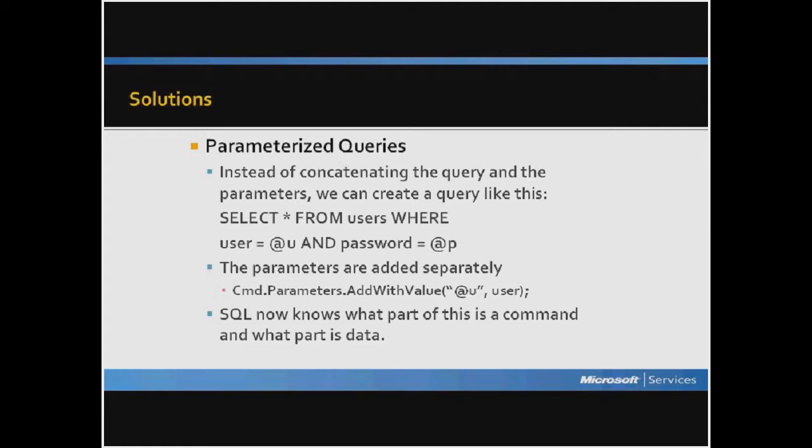So this is very cool because what happens now is when SQL executes this command, it knows what is the actual command and what's the data in the command. So if I've inserted password1 apostrophe or 1 equals 1 semicolon dash dash, now SQL tries that whole string as the password. And it fails because that's obviously not the right password. It doesn't execute the or 1 equals 1 part, and so it never works.